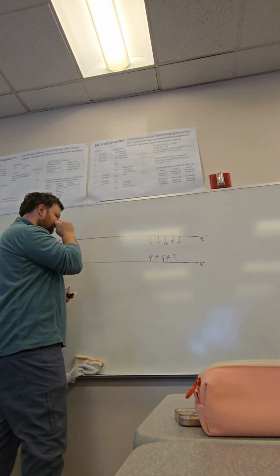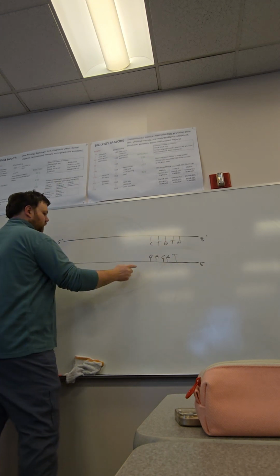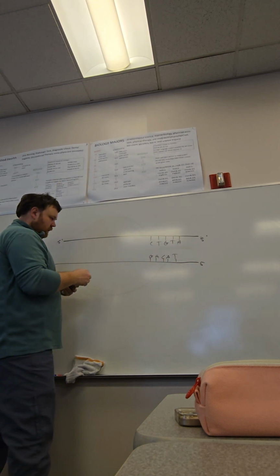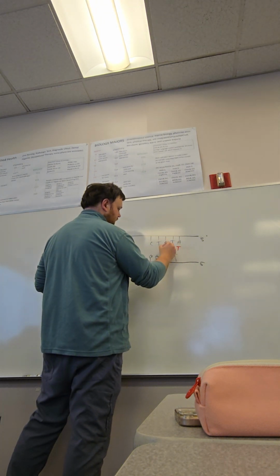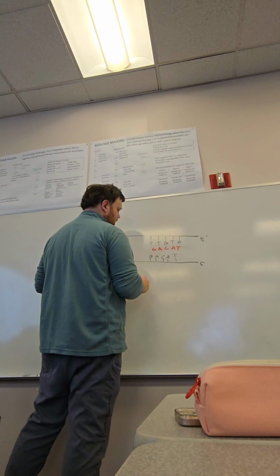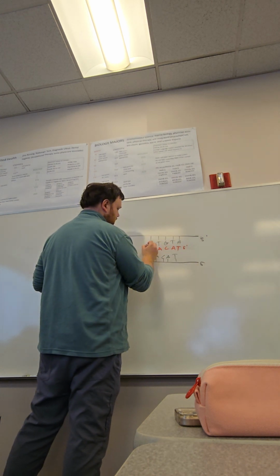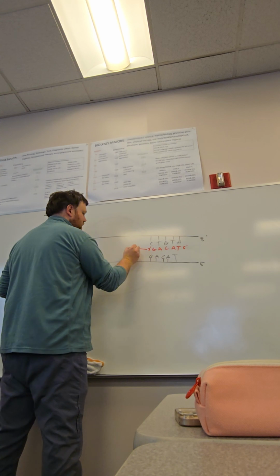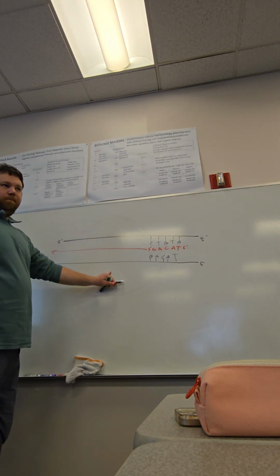Now, if I want to rebuild this side, I'm going to put a primer down that's going to be T, A, C, A, G, right? That is my primer. So this is going to be a 5' end, 3' end. Now I'm going to replicate that frame.